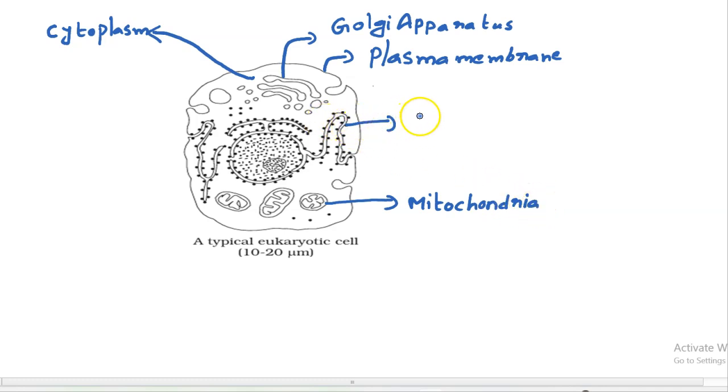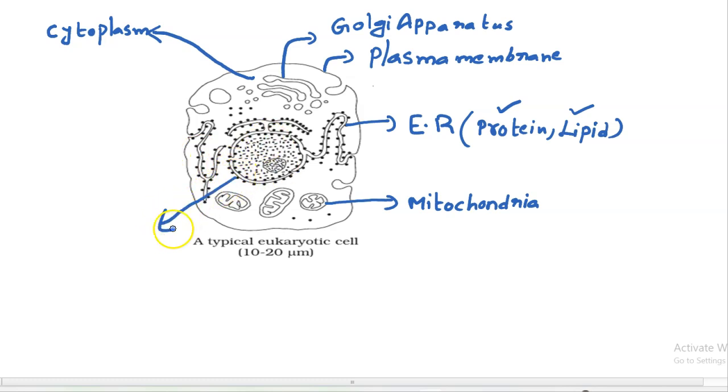The other cell organelle is endoplasmic reticulum, abbreviated as ER, which is involved in protein synthesis and also lipid synthesis. Rough endoplasmic reticulum is involved in protein synthesis. Smooth endoplasmic reticulum is involved in lipid synthesis. This is the nucleus that is present in the cell, which is bound by nuclear membrane, a double layer membrane.